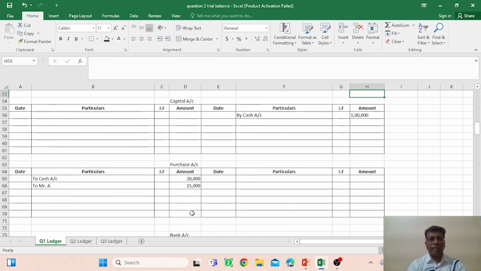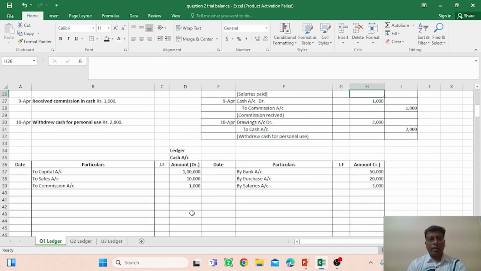Okay, and the last transaction which is to be posted in the ledger is drawing account debit to cash.